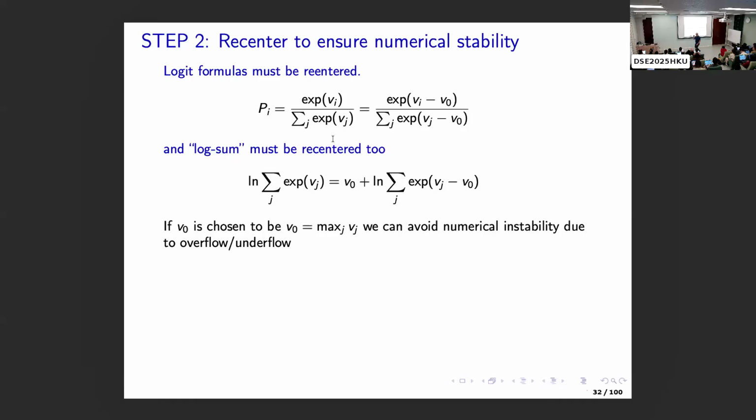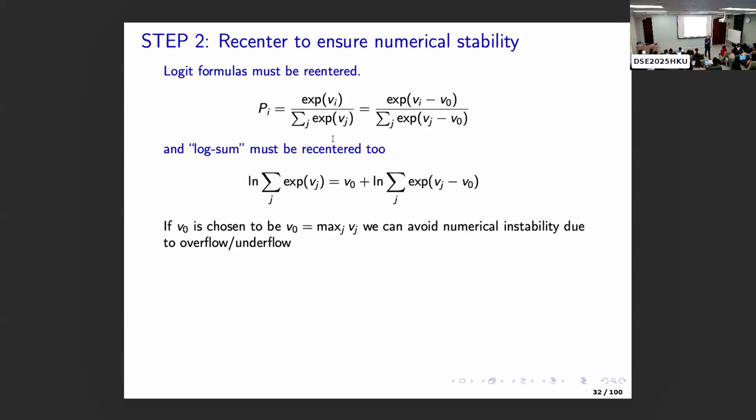So, just look at your numbers on the computer. Because once these numbers get bigger, then you get into numerical problems. And the same thing here with the log sum. This log of the sum of those exponentials that were very big numbers, well, that can also explode, right? But then you can subtract a value and add it outside.